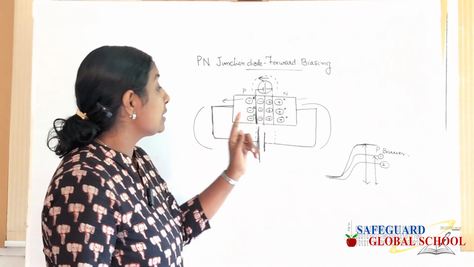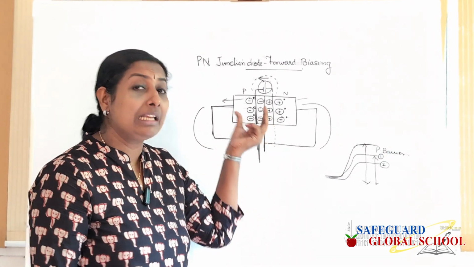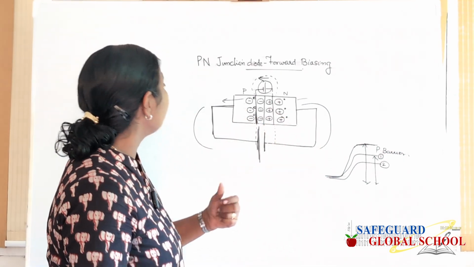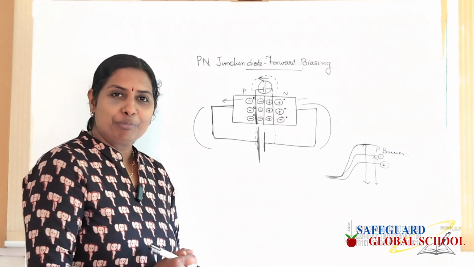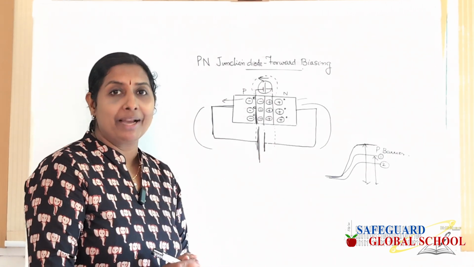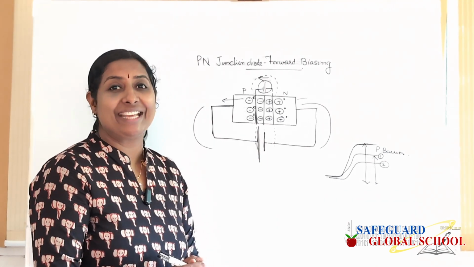When a diode is forward biased, the width of the depletion layer decreases. These are the two important points that we have to understand. I hope that you understood the PN junction diode in its forward biasing. So let us come to the PN junction in the reverse biasing in the next class.